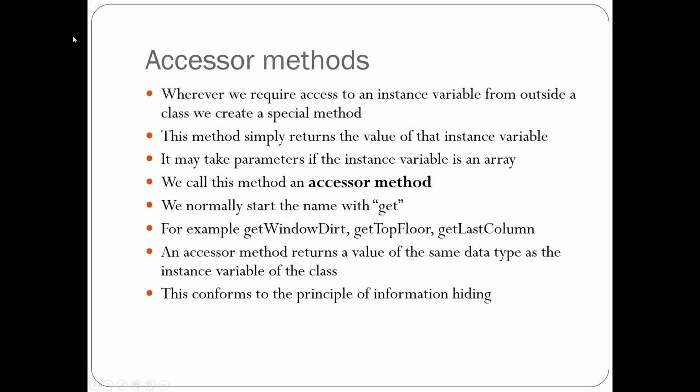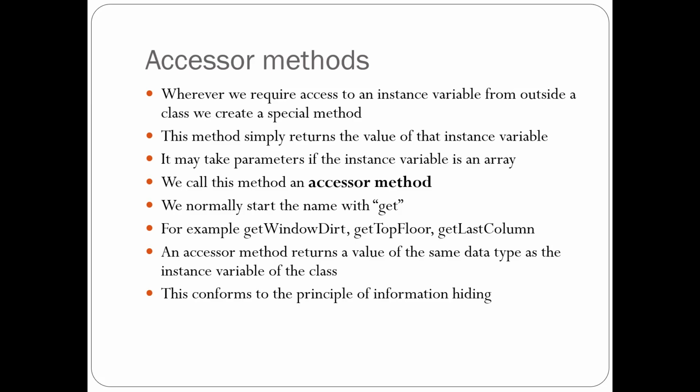So we have two different sorts of methods. We have public methods that allow us to access data in other classes, and they're called accessor methods. We generally start the method name with the word get, because it allows us to get data.